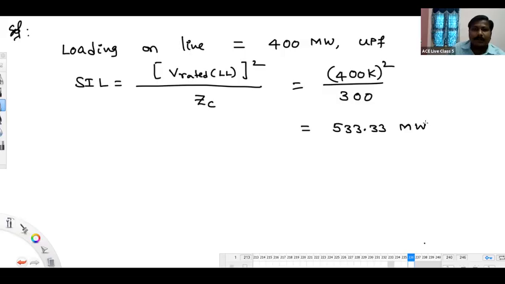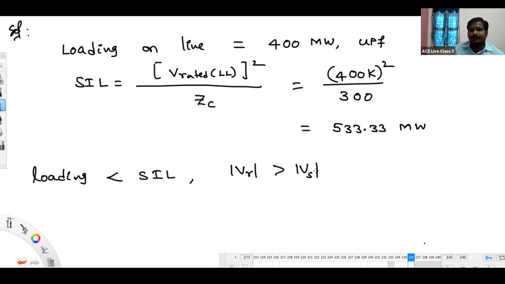The observation is that the loading on the line is less compared to SIL. Means definitely we can experience the receiving end voltage greater compared to the sending end voltage.